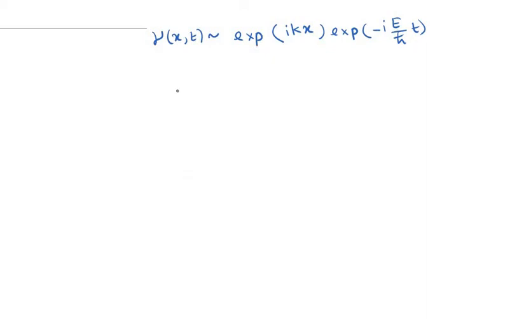So when we try to deduce the electron wave from this expression, we take the real part. The real part of this function is just the cosine term, cos of kx minus E by h bar t.